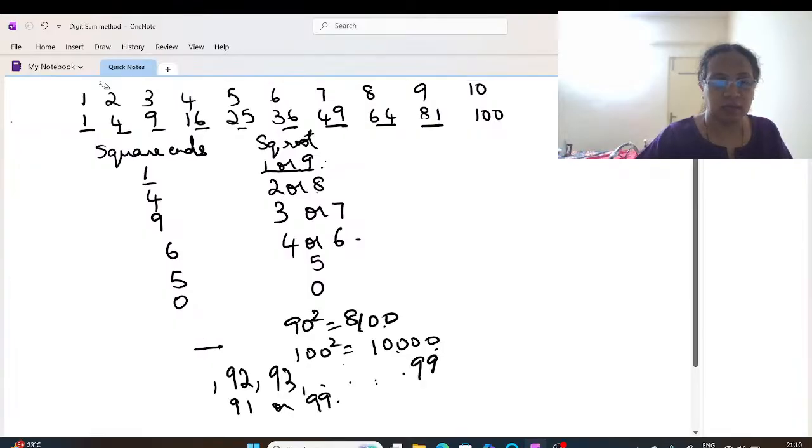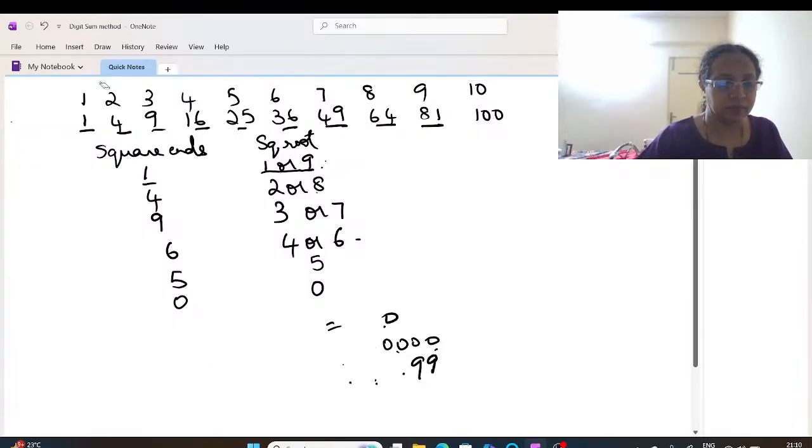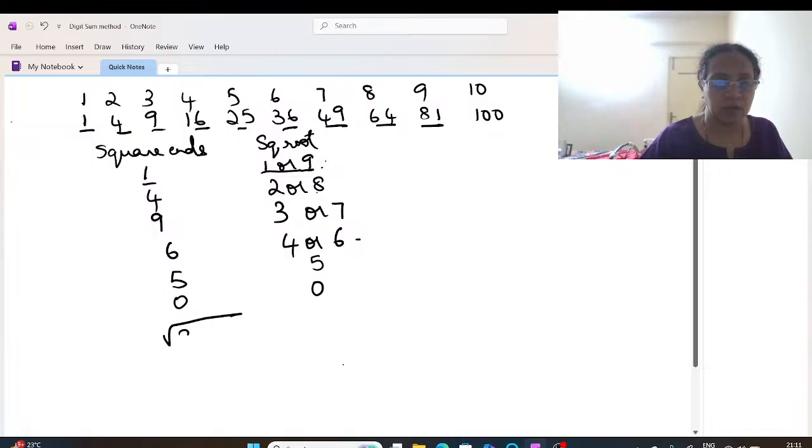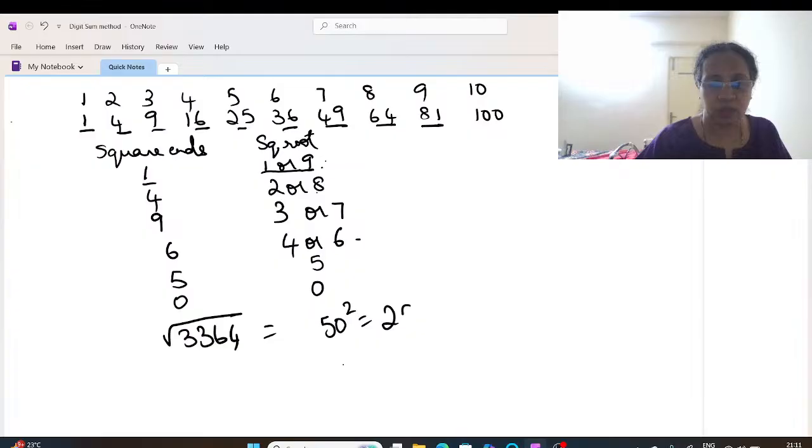Let's take another example. Let's find the square root of 3364. We know that the square of 50 is 2500 and the square of 60 is 3600. So it will lie between 50 and 60.